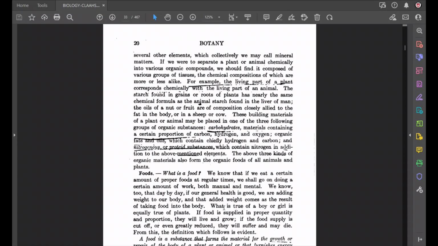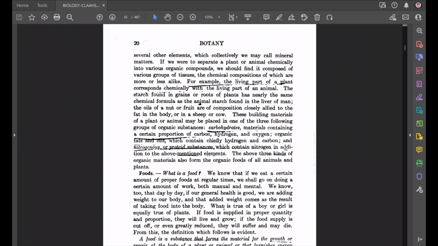And proteins are substances which primarily contain nitrogen along with some of the other elements. These are mainly called nitrogenous. That means high in nitrogen. Proteins are nitrogenous. Okay? So carbohydrates, proteins, fats, and oils.